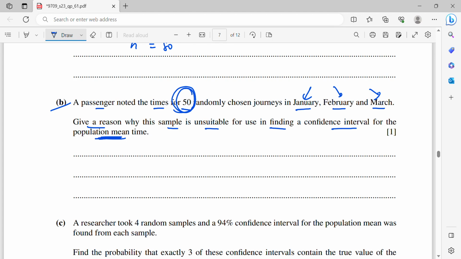So it is not suitable because, you write, this sample is unsuitable because the sample is not randomly taken throughout the whole year.